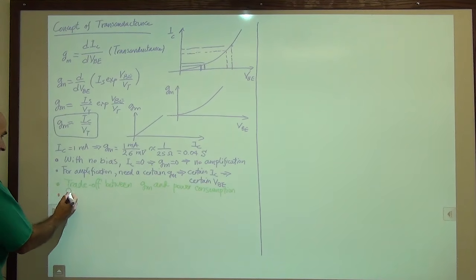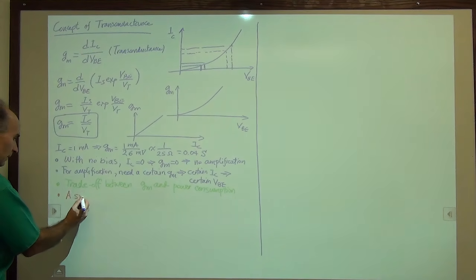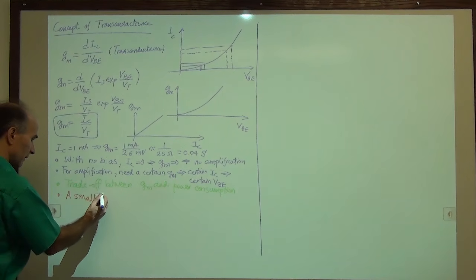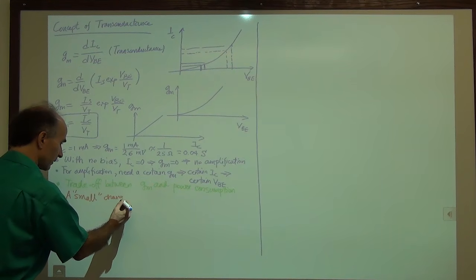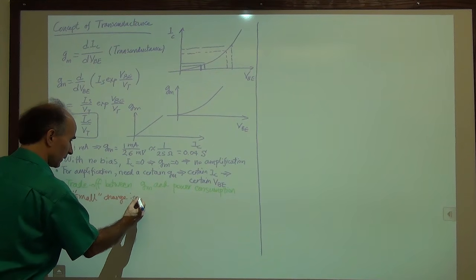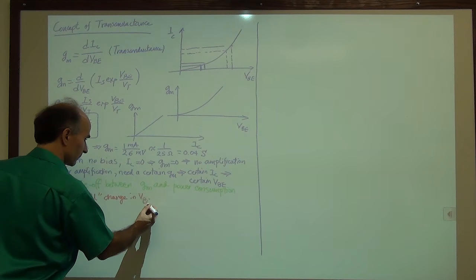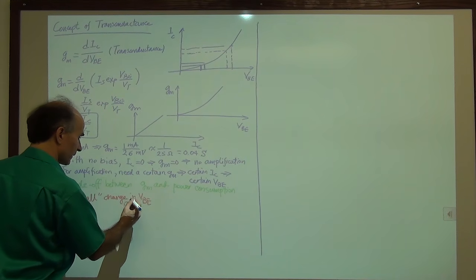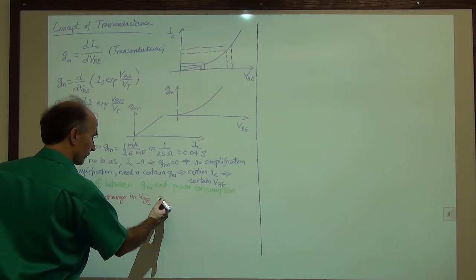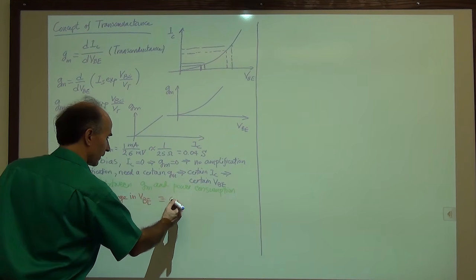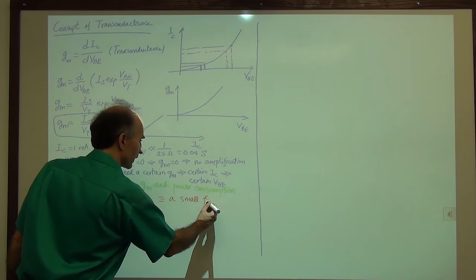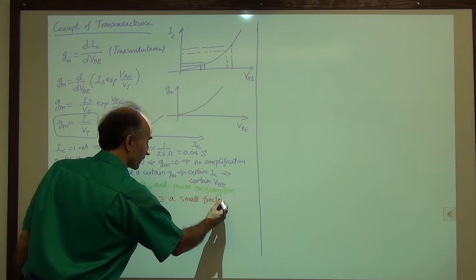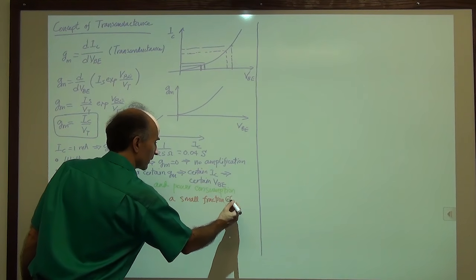So a small change in VBE, so if you want to consider it small, is equivalent to a small fraction of VT.